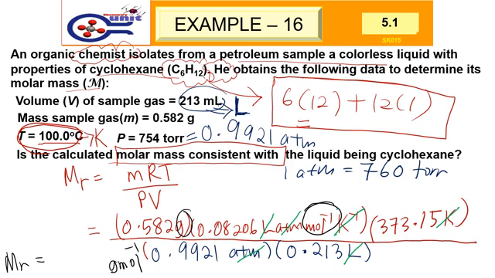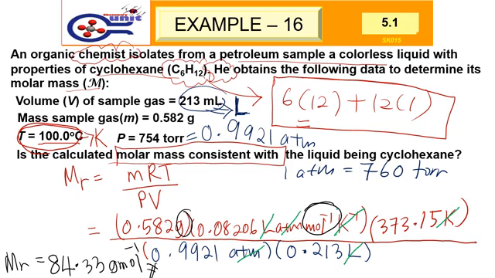Okay, divide by 0.9921 multiply by 0.213. So the final answer is 84.33 gram per mole. The final answer for the molar mass of the sample.